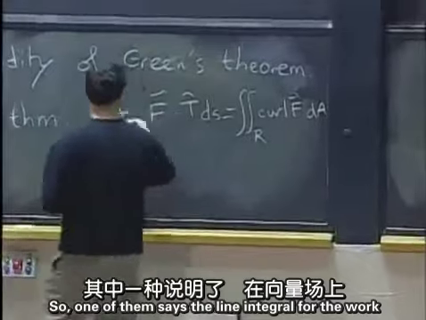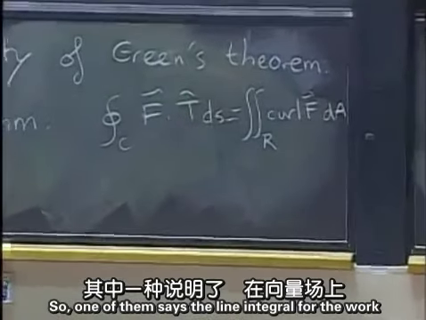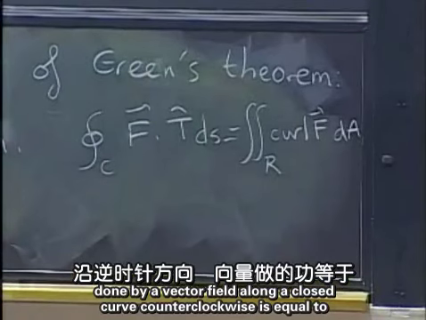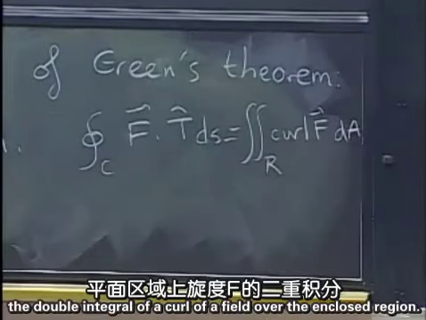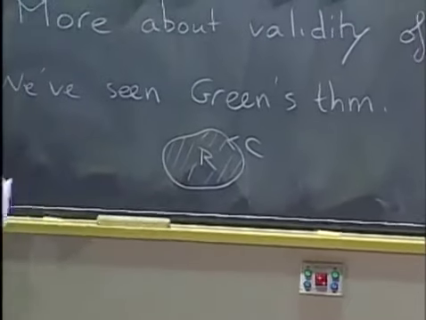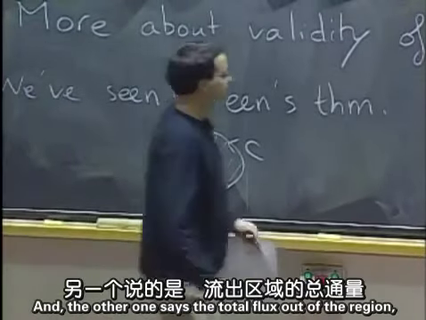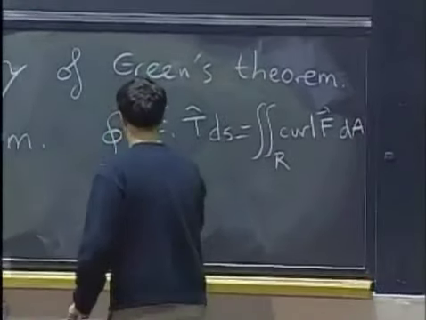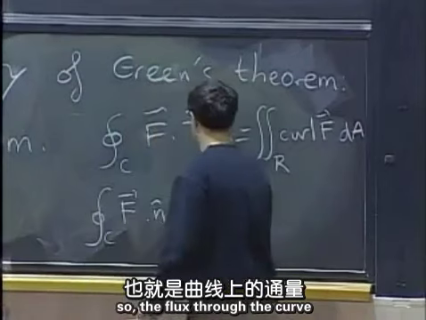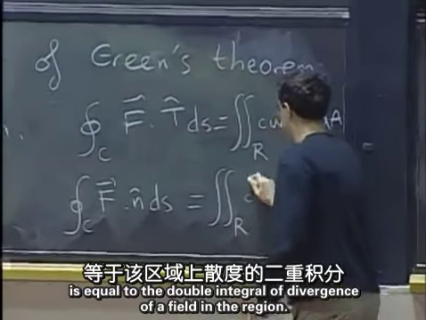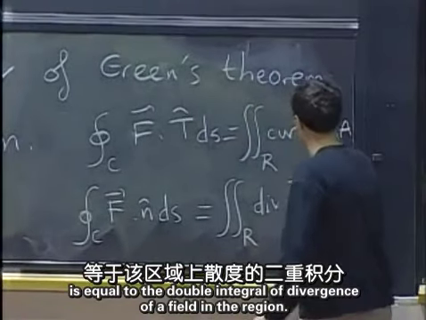One of them says the line integral for the work done by a vector field along a closed curve counterclockwise is equal to the double integral of the curl of the field over the enclosed region. And the other one says the total flux out of the region, so the flux through the curve, is equal to the double integral of the divergence of the field in the region.